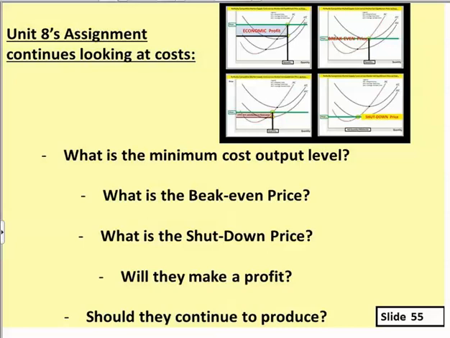Well, remember, they'll make a profit, and in this case we're talking about an economic profit, anytime their price is above their lowest average total cost. They will continue to produce anytime their price is above their shutdown price.